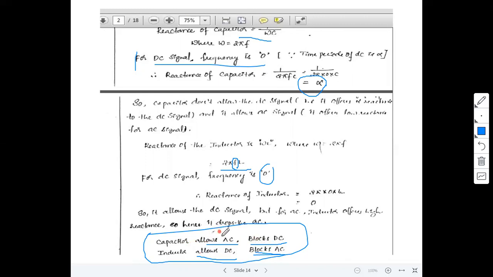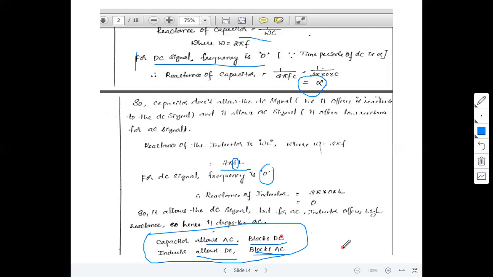Rectifier output consists of both AC component as well as DC component. If this is given to a filter designed using capacitor and inductor combinations, then based on their properties, the output contains AC or does not contain AC, right? This is about today's class.